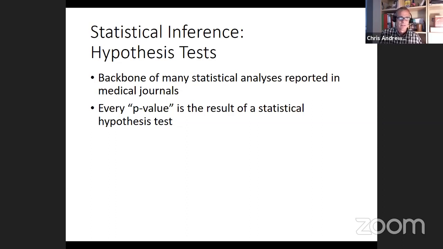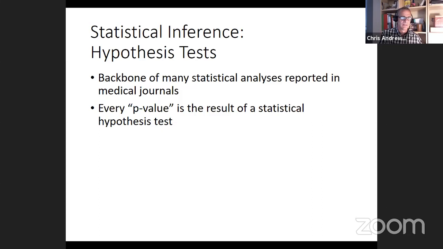So hypothesis tests are the backbone of most statistical analyses that are reported in medical journals. The most common number that you'll see is a p-value for some hypothesis test.